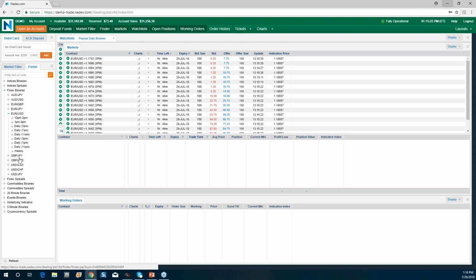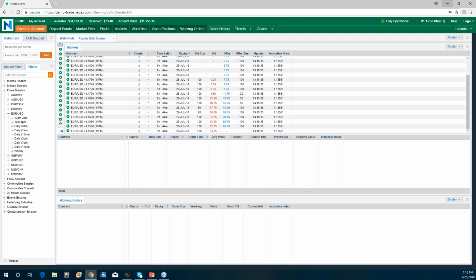And inside of each one of those, if I click one, I've got all these different strike prices to choose from at all these different prices here. If I go to the dailies that expire tonight at 11 p.m., I've got all these different strike prices to choose from at these different prices. I have a ton of options, right?